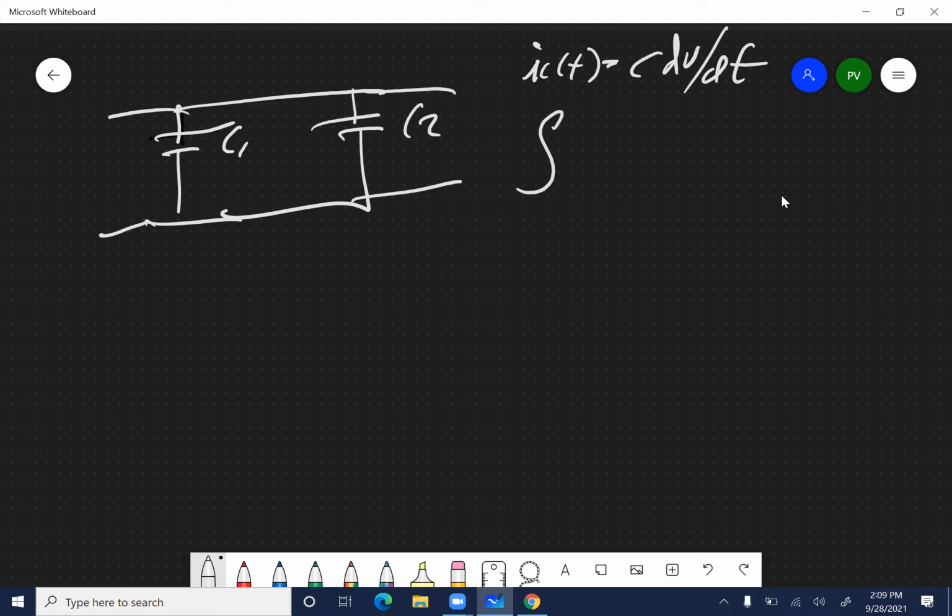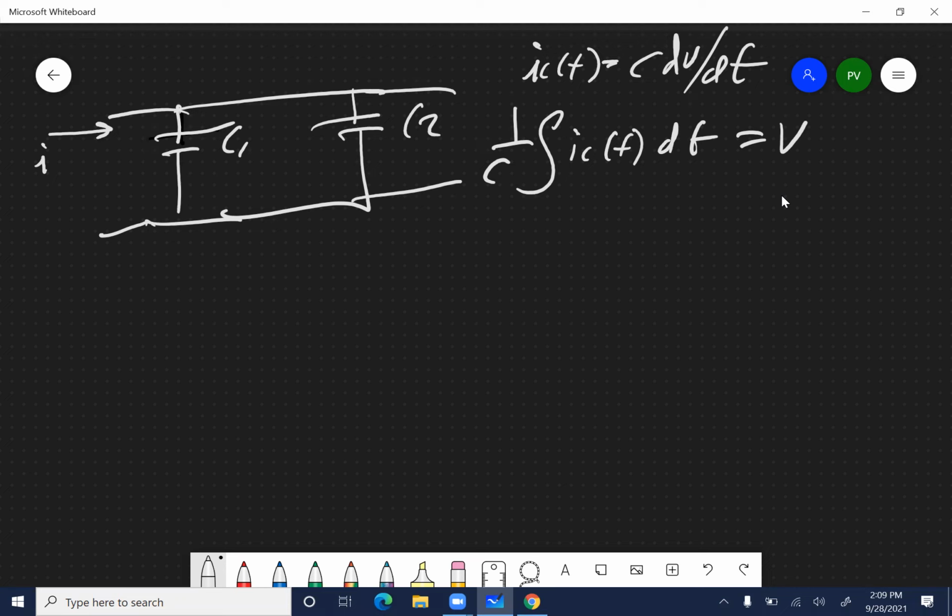And then we also have the integral of our voltage. So we have the integral of I C of t dt, 1 over C, equals the voltage here. So we can use one or both of those equations to figure out how to simplify this particular circuit. So let's go ahead and start to write a KVL equation.